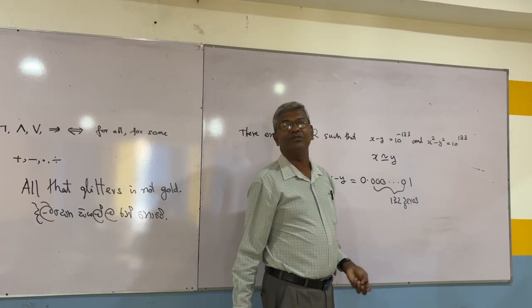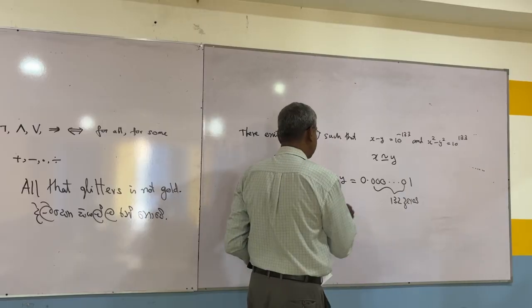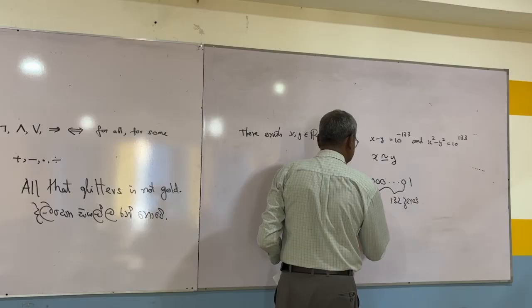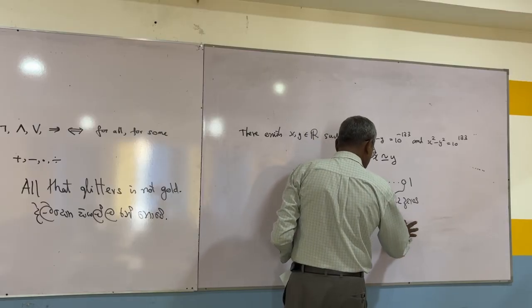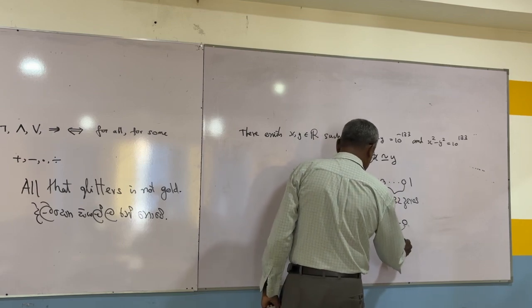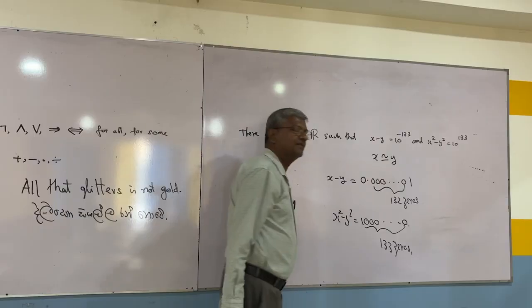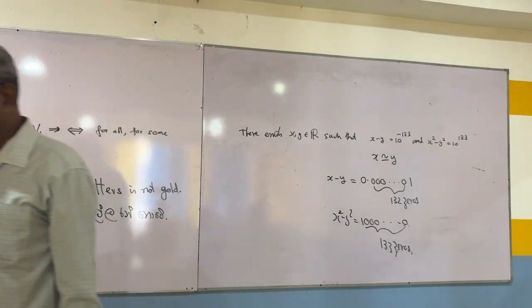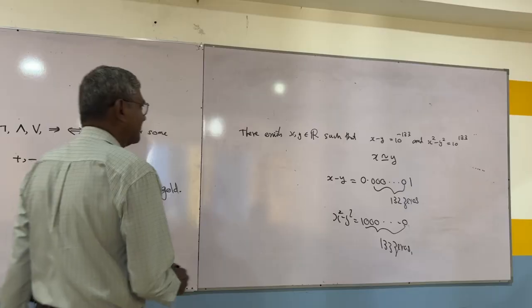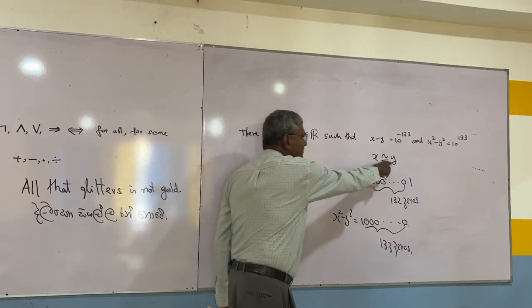Therefore, that is impossible. Here what I am saying is x squared minus y squared is 1 followed by 133 zeros. So it is impossible for a man in the street to believe it. That is why I wrote it as a question.